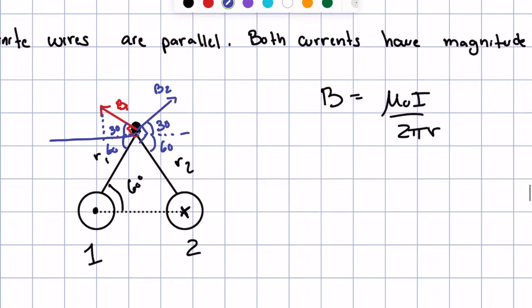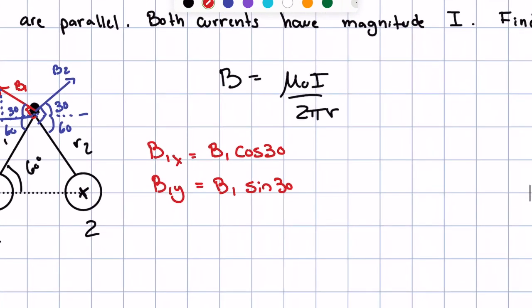So that means B1 in the x direction is equal to B1 cosine of 30. B1 in the y direction is equal to B1 sine of 30. And similarly, B2 in the x direction is B2 cosine of 30, and B2y is equal to B2 sine of 30.